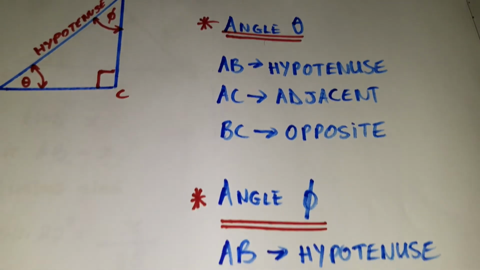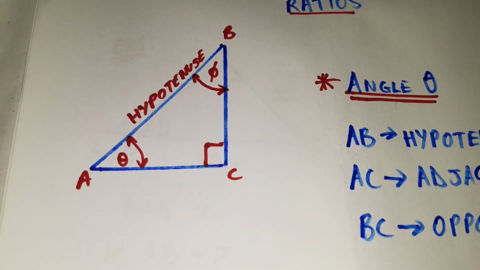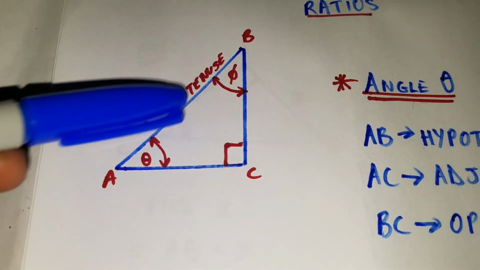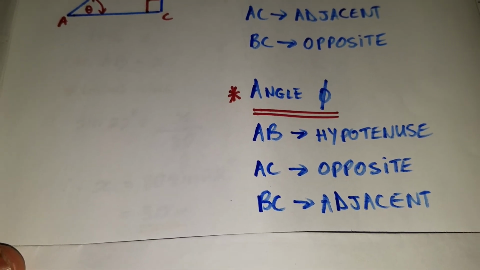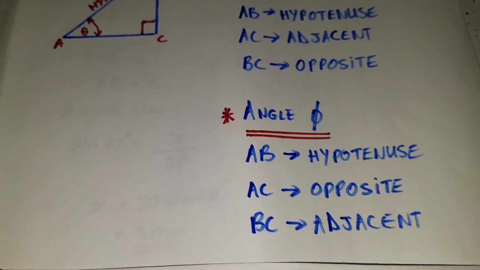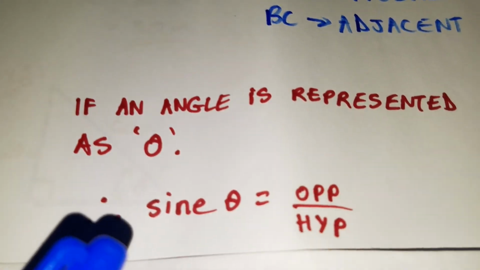The point of this is just to compare how, with respect to a specific angle, the adjacent and the opposite will be different. But the hypotenuse will always remain the same, because the hypotenuse is simply the longest side of the right-angled triangle.